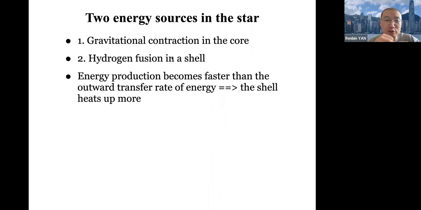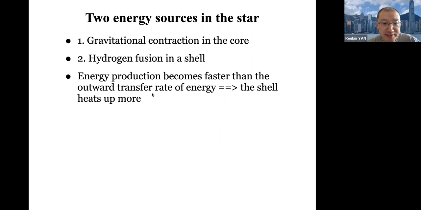So although you produce a lot of energy in the core and around the core, that energy cannot get out so easily. It will get out gradually, but that transfer rate of energy is not high enough. But you're producing so much energy that it heats up the center even more, and it also heats up the shell of the star.